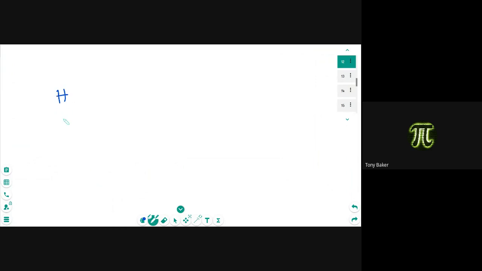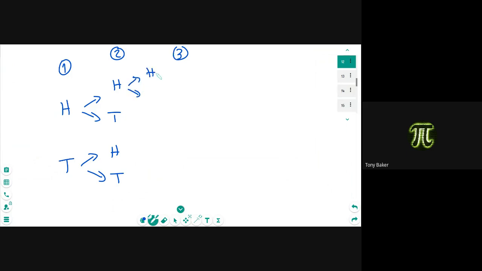So, I could get heads or tails on my first coin, right? Correct? My second coin, I could also get heads or tails, right? Heads or tails. And on my third coin, I could also get heads or tails, right?